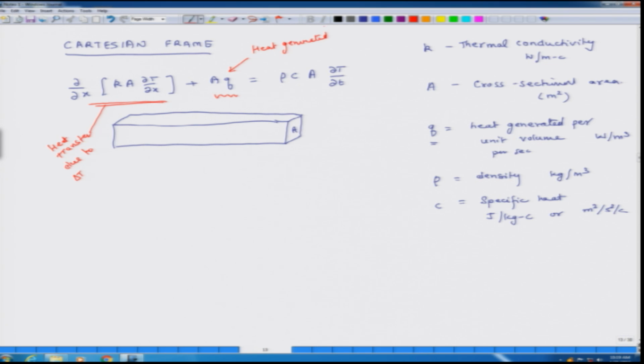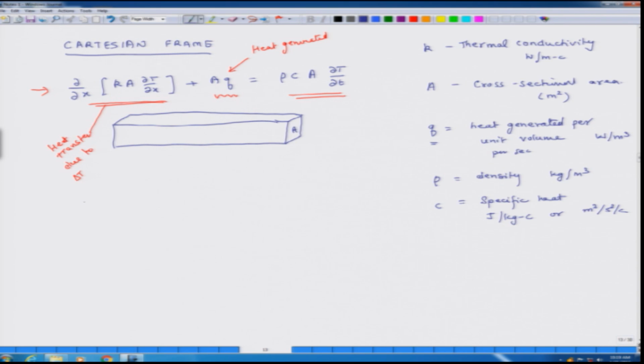So it captures the effect of heat getting generated, and this is an equation also in time, and this term represents the effect of rise of temperature with respect to time. So if the temperature is not rising, then the partial of temperature with respect to time will be 0. So this is a very general equation for a 1D system.